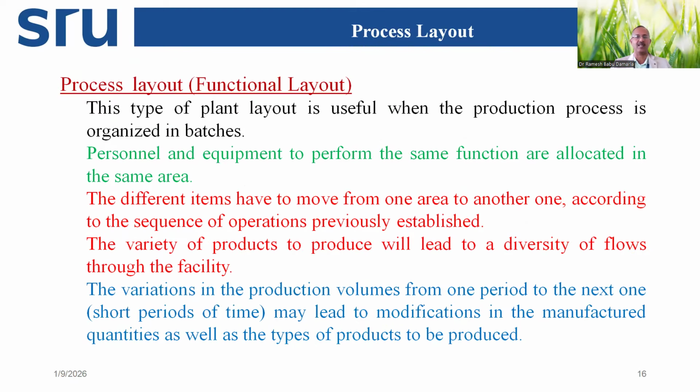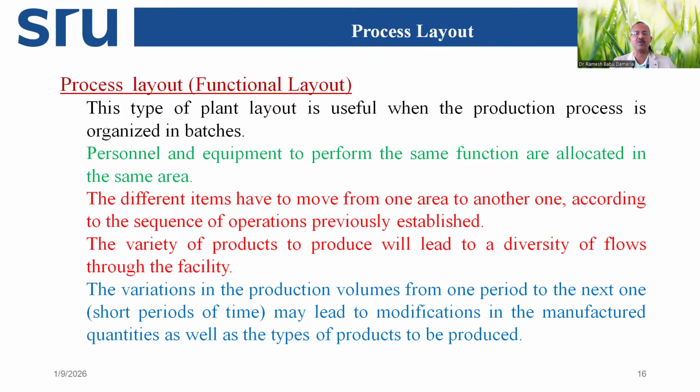Now let us see another layout type called process layout. This is also called functional layout. This type of layout is useful when the production process is organized in batches. So this is useful for batch production. The personnel and equipment to perform the same function are allocated in the same area.